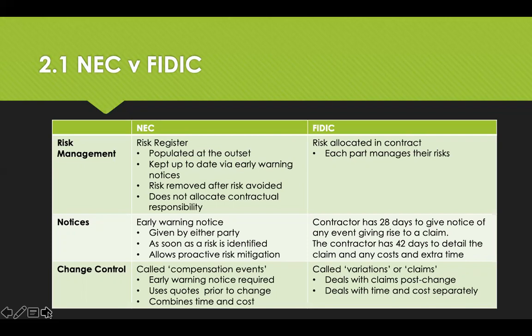And then on change control, for NEC, these are known as compensation events. So early warning notices are required, and it uses quotes prior to the change, combining time and cost. Where the FIDIC are called variations or claims, dealt with post-change and deals with time and cost separately.